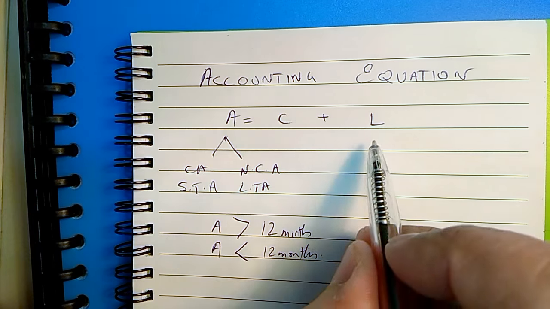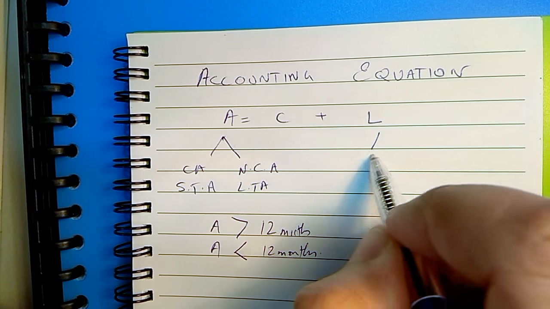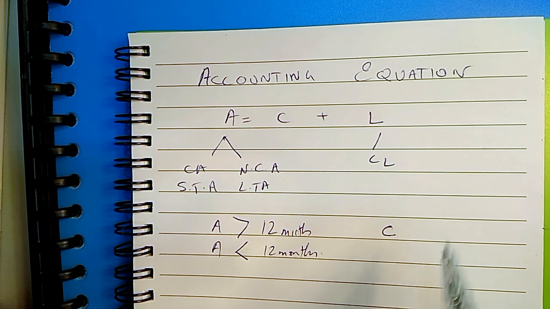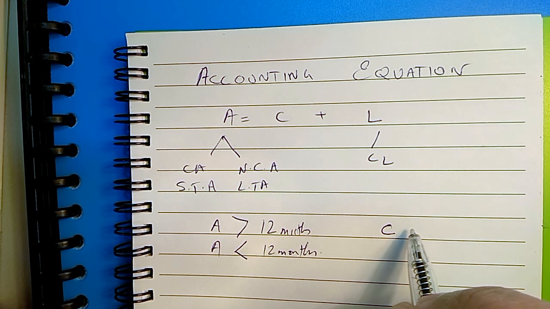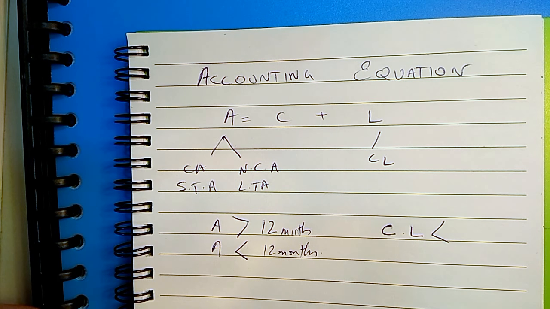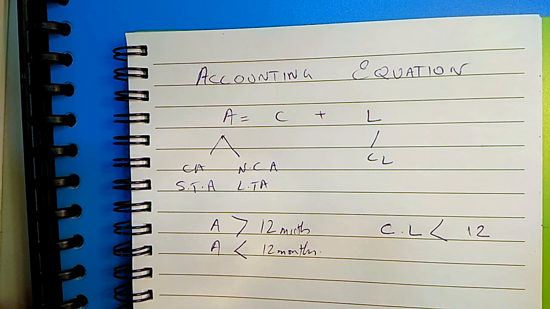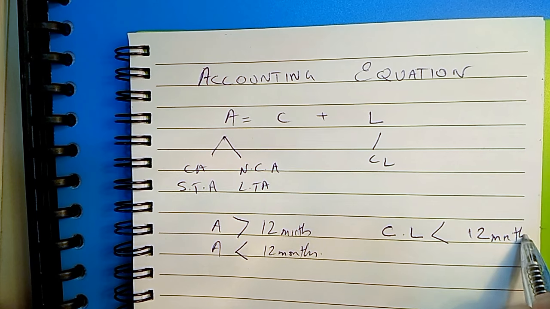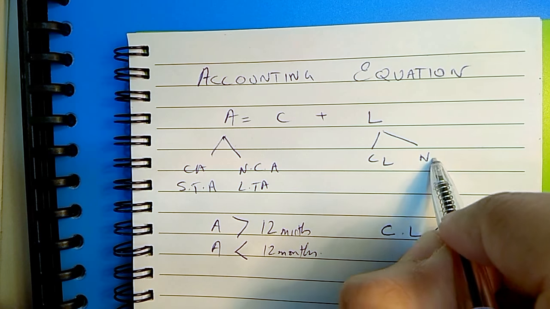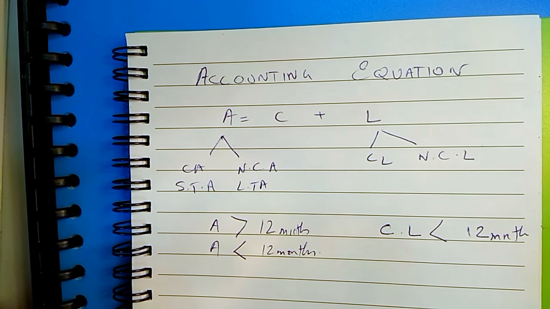Similarly, liabilities can also be current liabilities, which are liabilities that we need to pay up before 12 months. And liabilities can also be non-current liabilities.